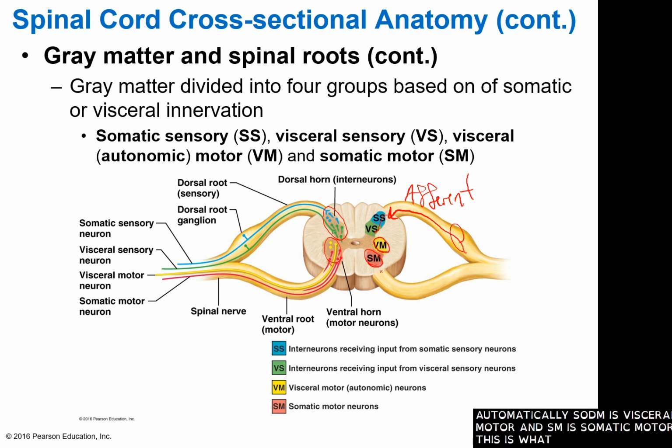This is what you are controlling. So these come out that ventral horn. Visceral motor go out the lateral horn, but they still then become part of this ventral root as it exits. So if you can understand this figure, you're then understanding which part of that gray matter handles somatic sensory, visceral motor, or somatic motor.